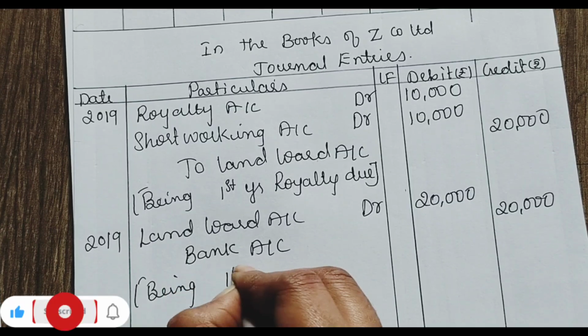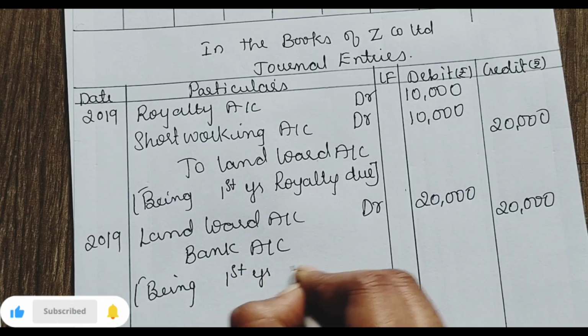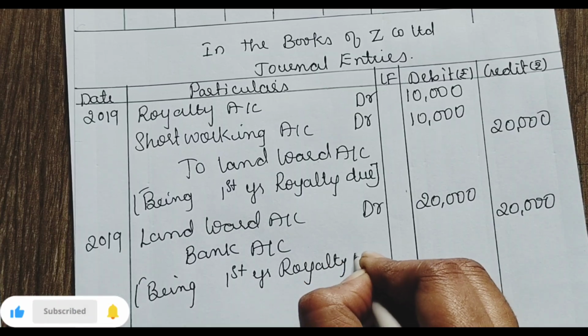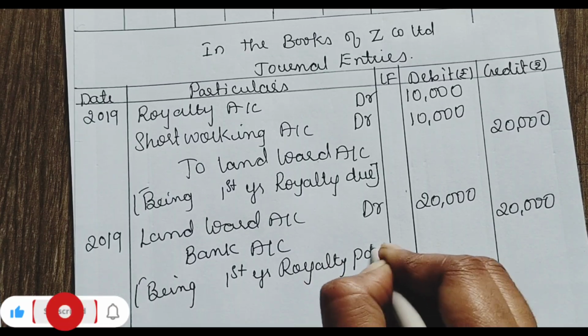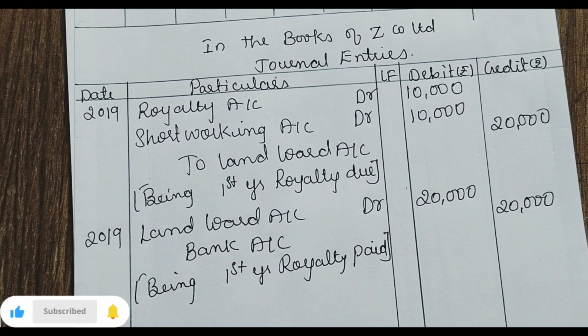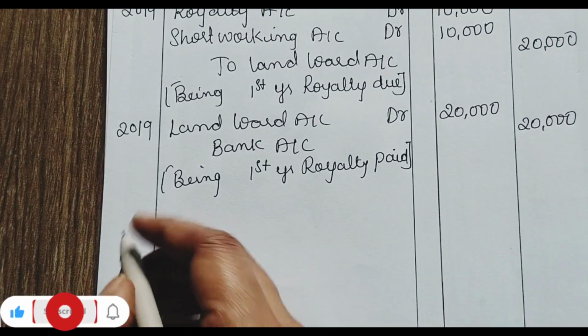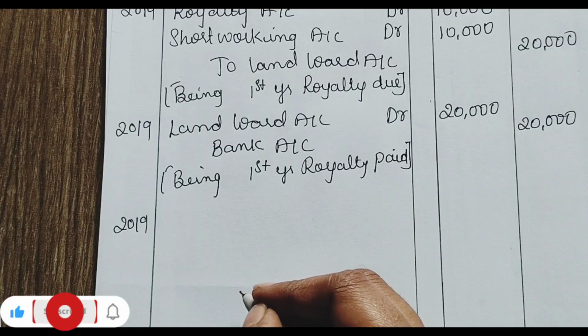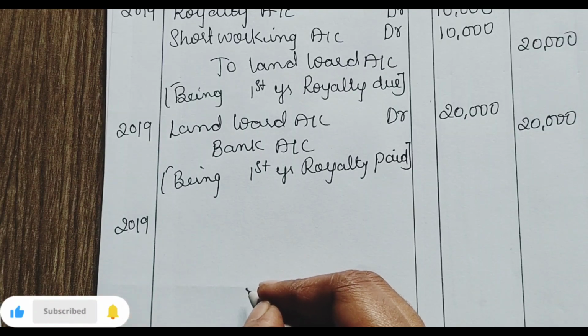Being first year royalty paid. Now the third entry is for the transfer. Now you need to close the royalty account for the first year.